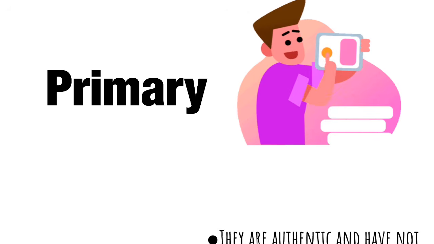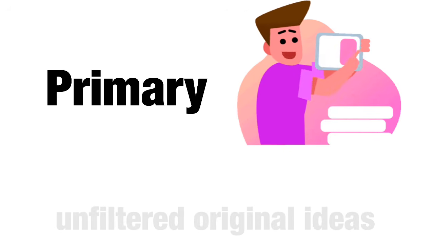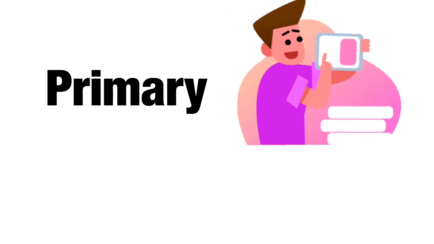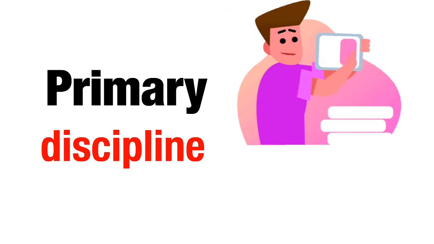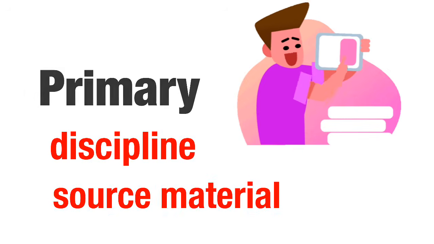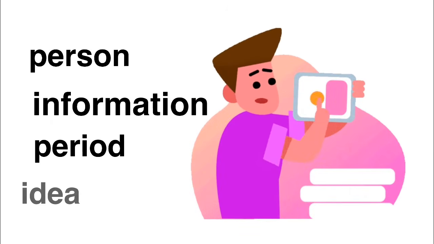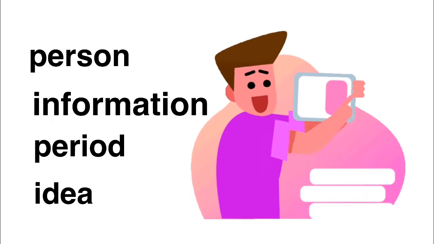These are original documents representing unfiltered original ideas. Primary source is a term used in a number of disciplines to describe source material that is closest to the person, information, period, or idea being studied.